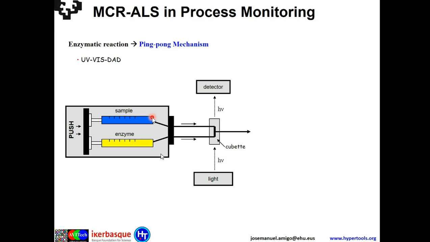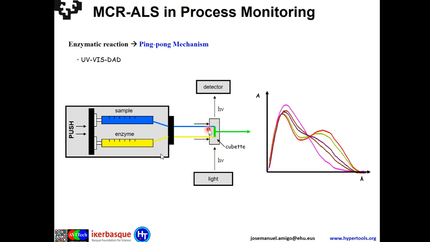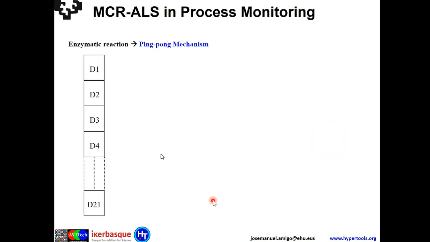Then the enzyme there, and at a certain moment we push, and these 2 mixed in the cuvette. So we were able to monitor the evolution that we have there. And we did it every second for 160 seconds. So actually the reaction was quite fast. That's why we decided to use this system.